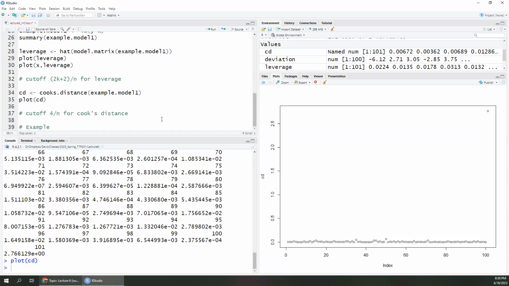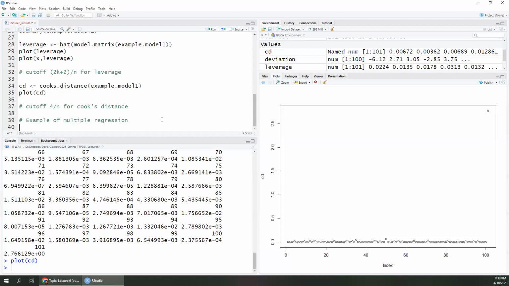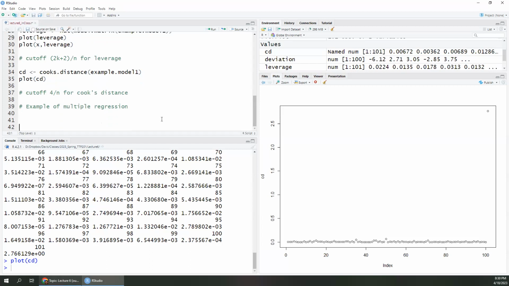And I think this will hopefully be a way of really seeing the power of multiple regression and being able to identify some of these trends.